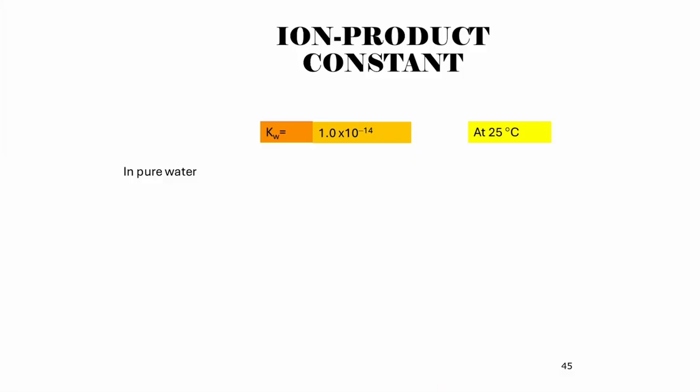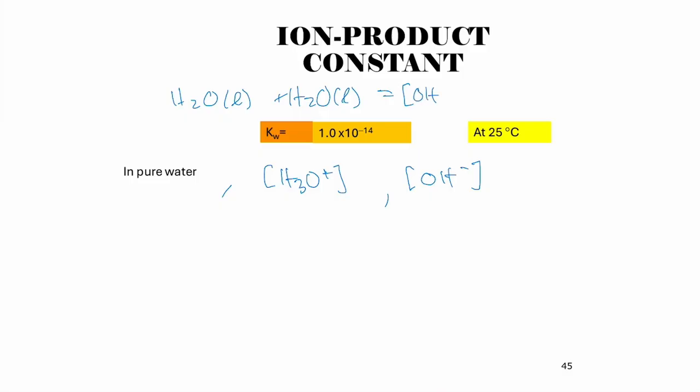And so in pure water, if autoionization is happening, what can you say about the relationship between H3O+ and OH minus? If, again, this was our reaction, H2O plus H2O gives H3O+ aqueous plus OH minus aqueous.